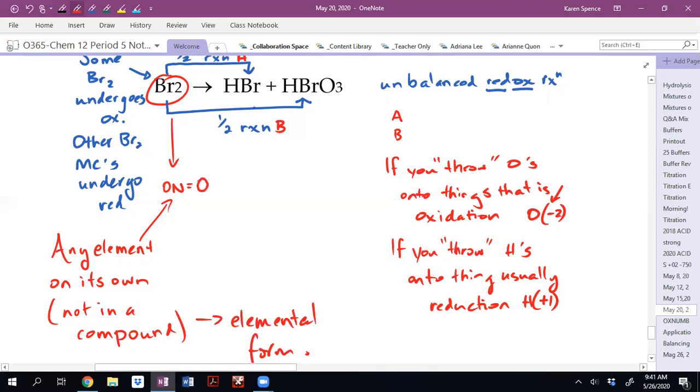Okay. Now, what is the oxidation number for bromine in HBr? What is the oxidation number for bromine in HBr?